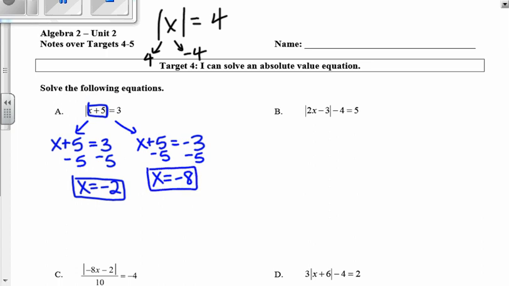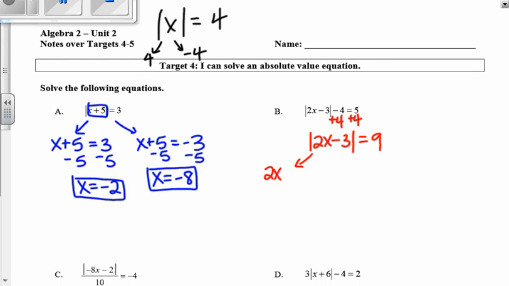Some problems are going to require more work than others. So for example, on the second one, notice there's this minus 4 outside the absolute value brackets. So the first thing I'm going to do is add the 4 over before I do anything else, before I create those two equations. Then, once you have the absolute value bars by themselves, that's when you create your two equations.